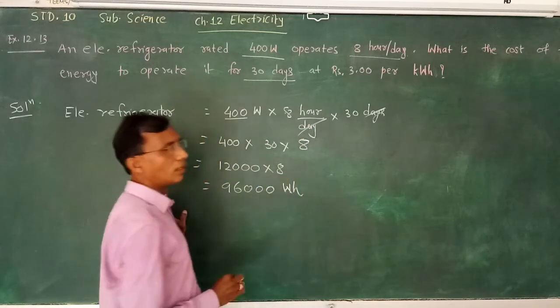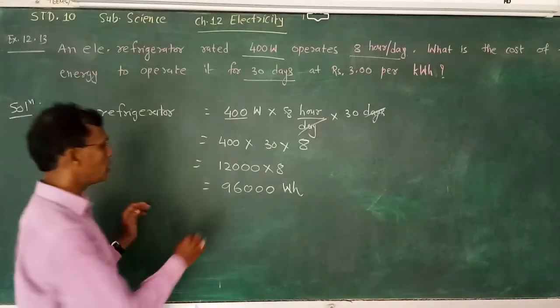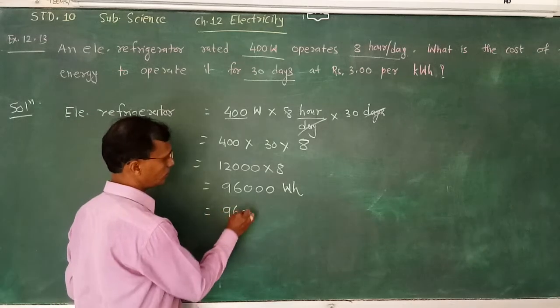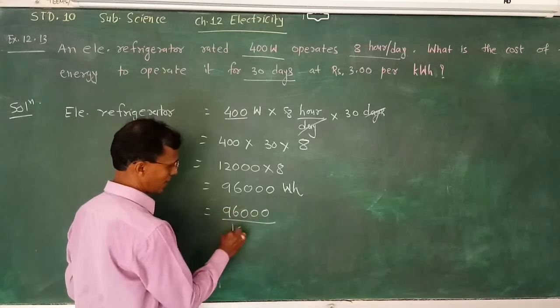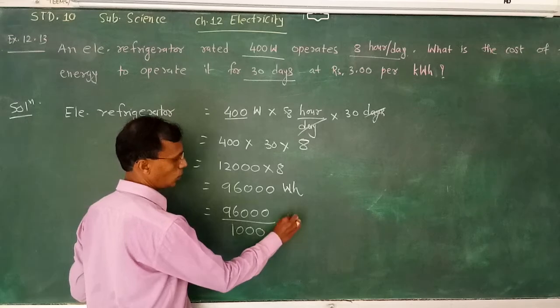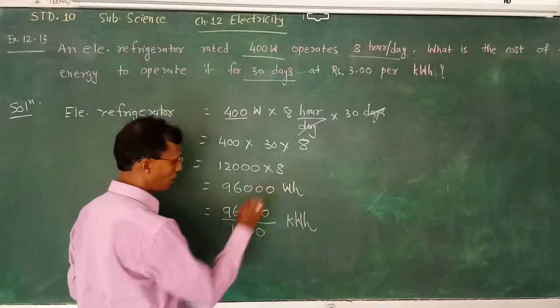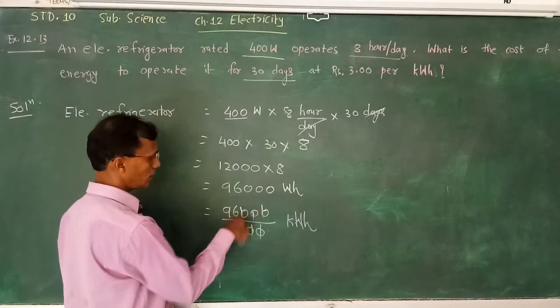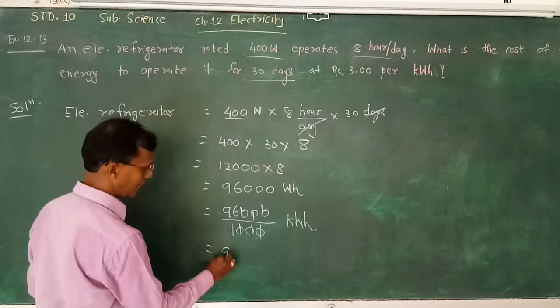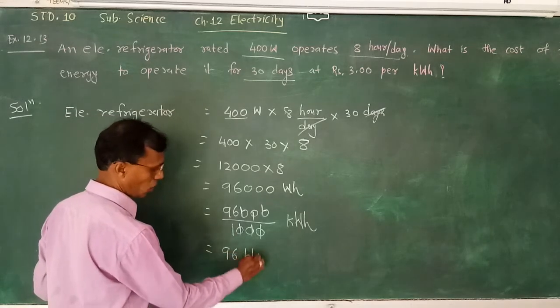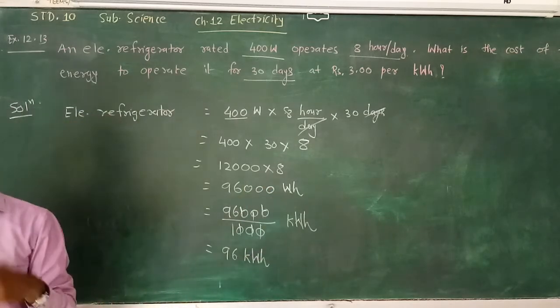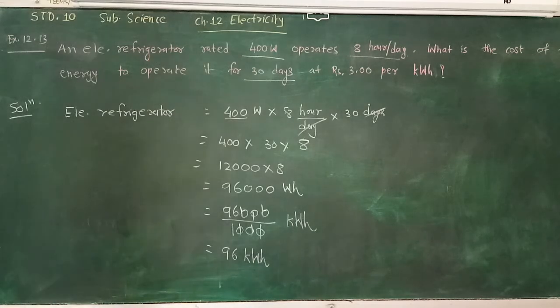Now convert into kilowatt, so divide by 1000. 96,000 divided by 1000, so it will be 96 kilowatt hour. Now we have to find out the cost for one month, that is for 30 days.